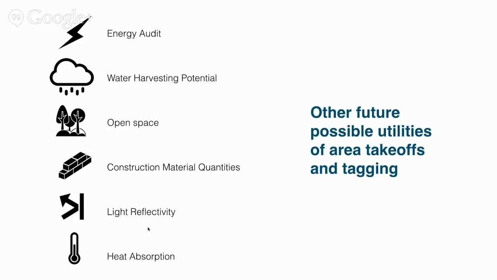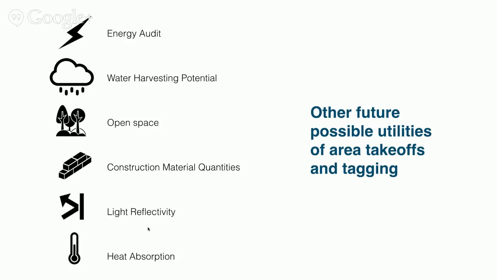Or we might want to reduce heat island effect. So we look at heat absorption and light reflectivity and open space. So you can imagine that if you have a general tool that says some sub-portion of a parcel or a building has a certain attribute, and you can calculate the area of that sub-portion, you can then do more sophisticated analysis.